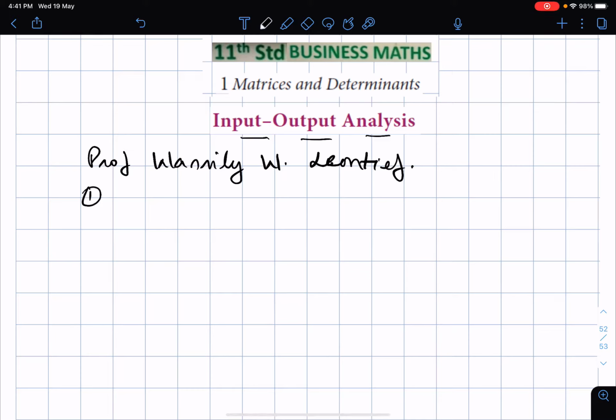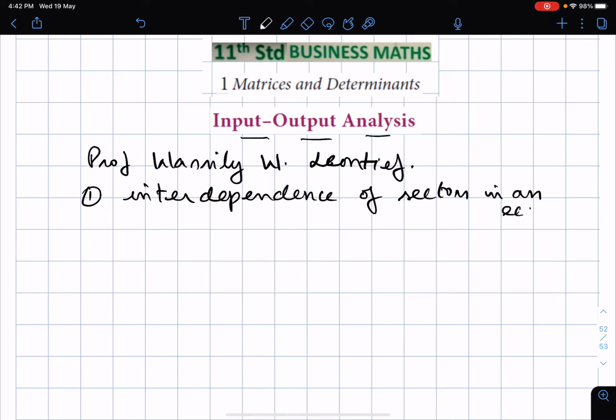It is about the interdependence of the sectors in an economy. You may wonder what that interdependence is. In the next points it will be clear for you.